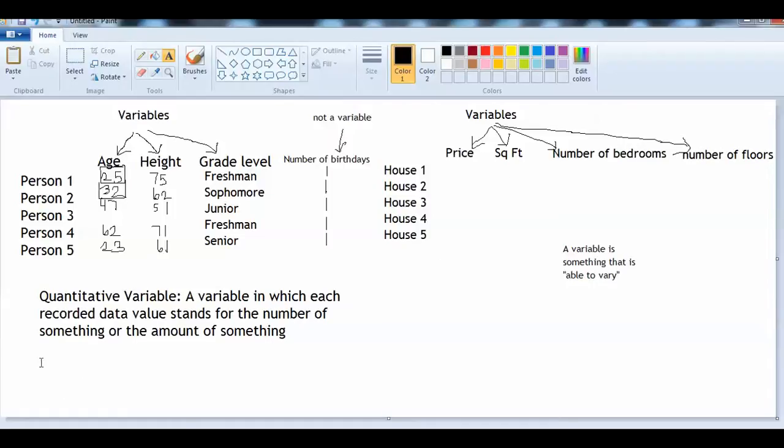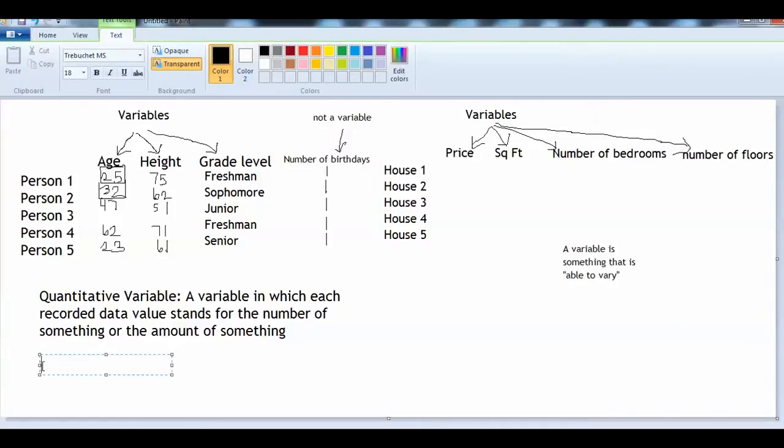So what about something that's not quantitative? The opposite is a qualitative variable.